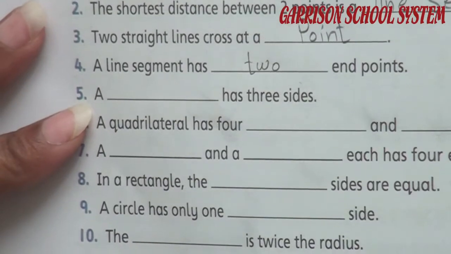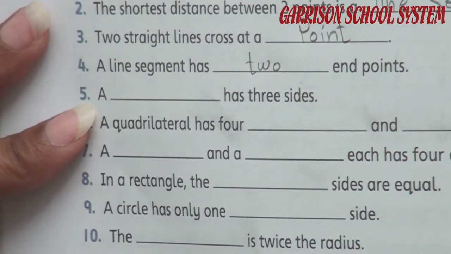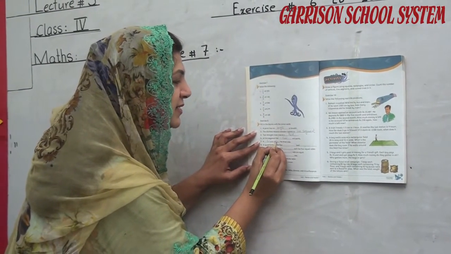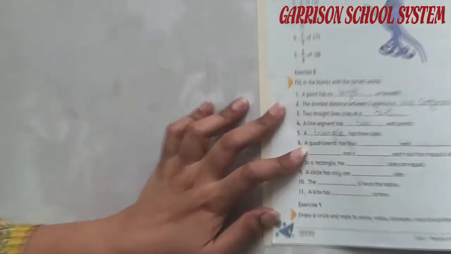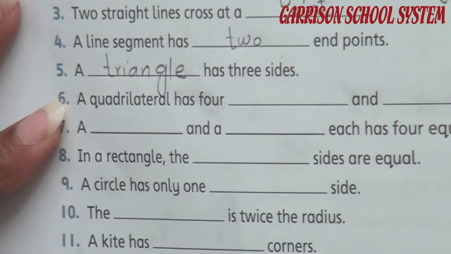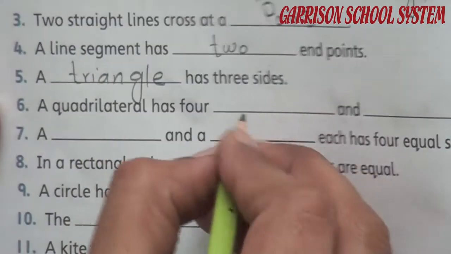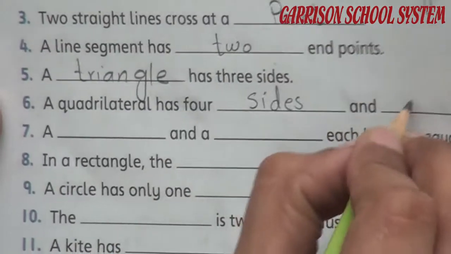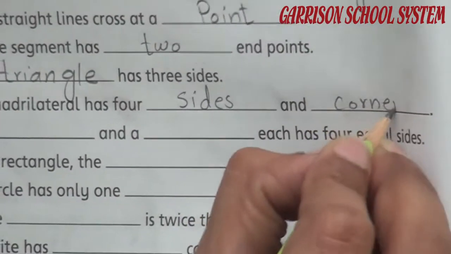A dash has 3 sides. Which has 3 sides? Yes, you all know a triangle has 3 sides. A quadrilateral has 4 dash and dash. A quadrilateral has 4 sides and 4 corners. So you can write here sides and corners.